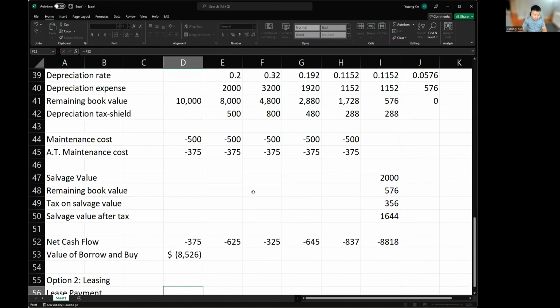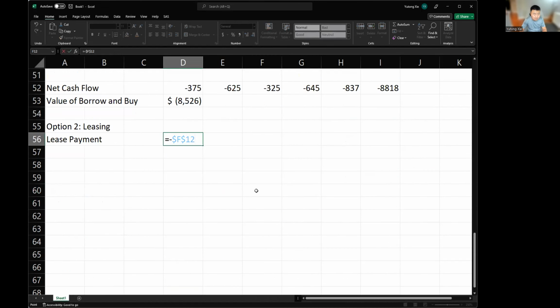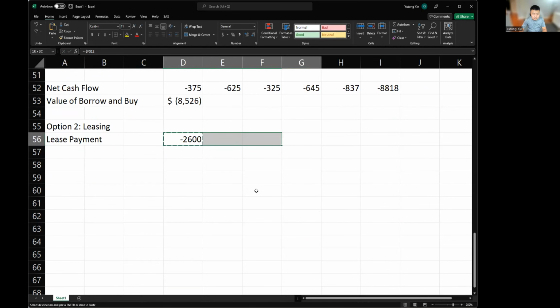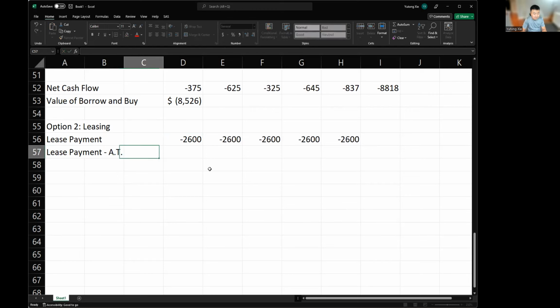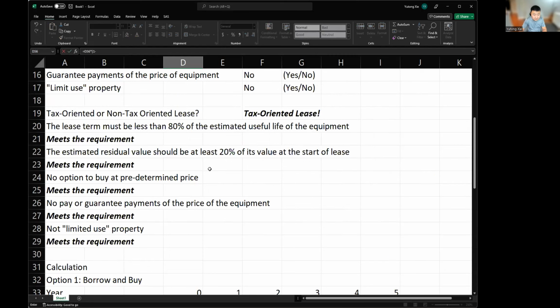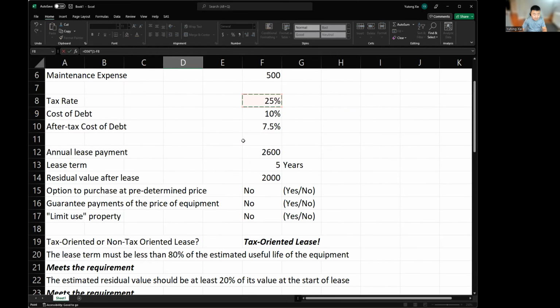Negative of the annual payment. 5 of them, they're the same. And then we need the after-tax lease payment, or I call it lease payment after tax. Okay, so it's this number times 1 minus the tax rate. I know it's F8. That's here, F8.